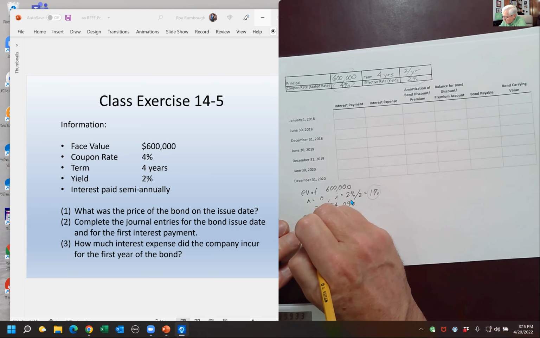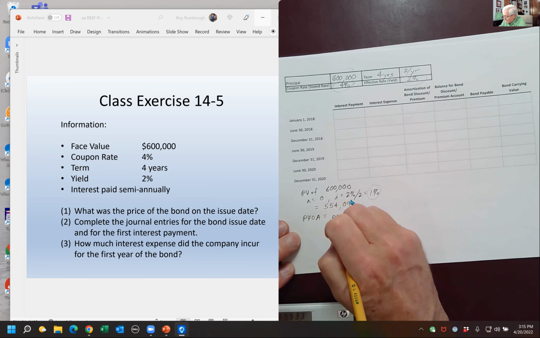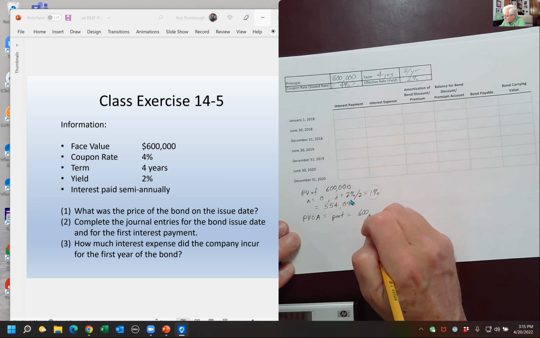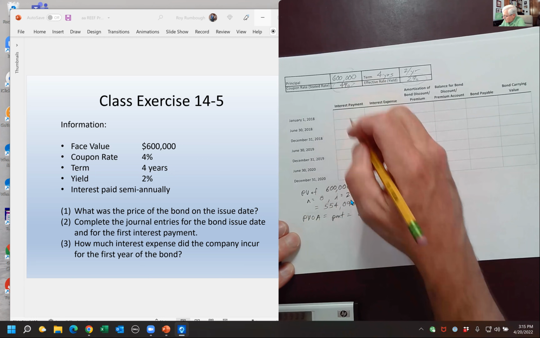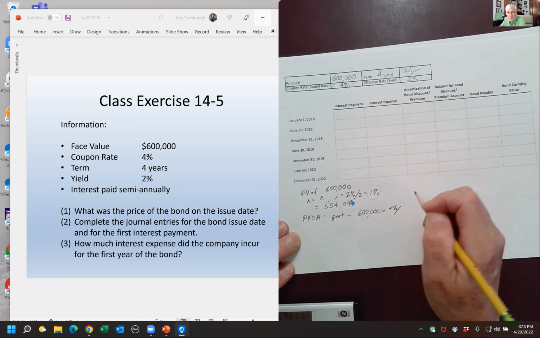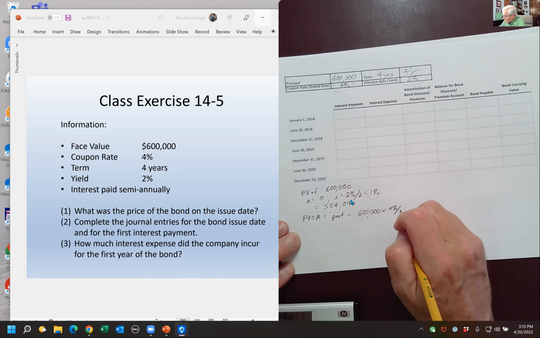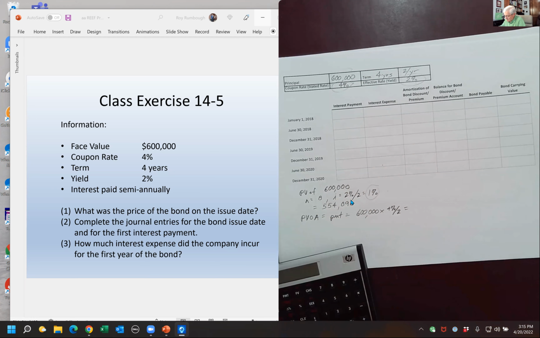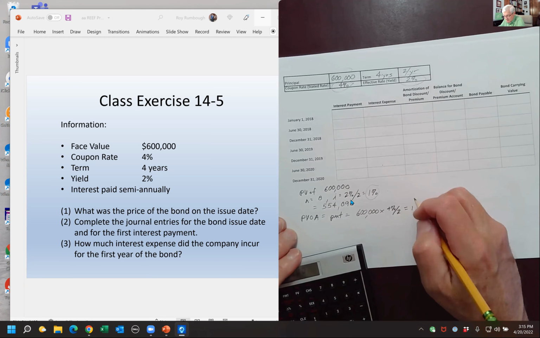Now we've got an ordinary annuity, so present value of an ordinary annuity, and the payment equals 600,000 times, and we're paying twice a year, so divided by 2, so 600,000 times 2%, 12,000.